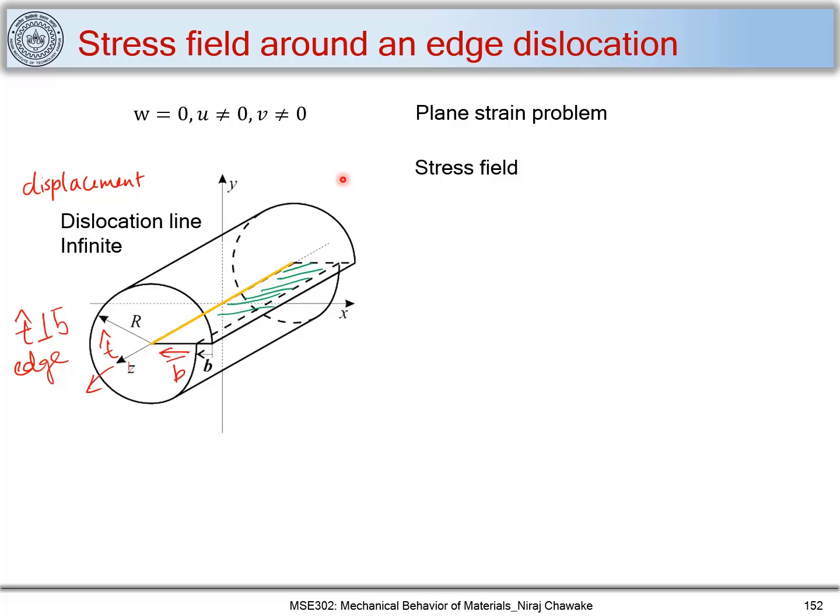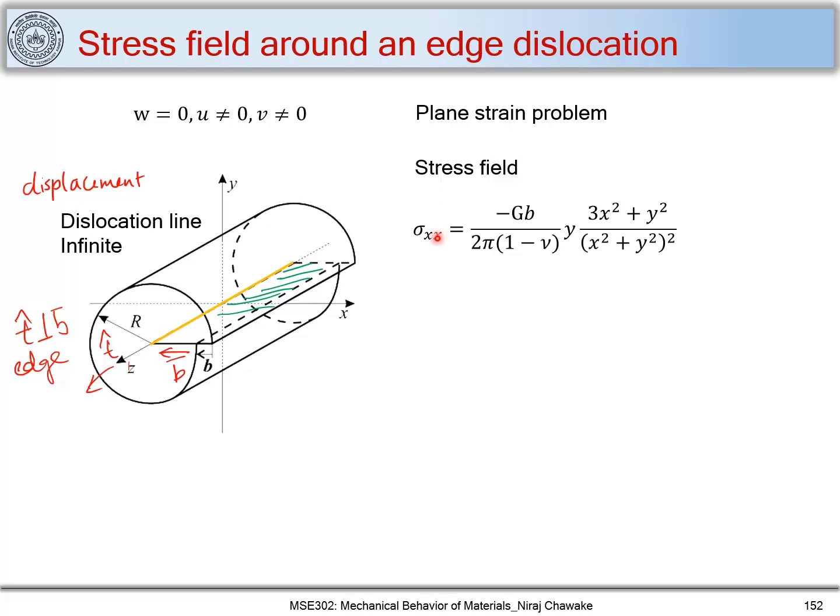Thus we are directly mentioning the stress fields rather than deriving them, because the elastic theory needed to explain this stress field is beyond the scope of this course. So let's write down the answers for the stress field.